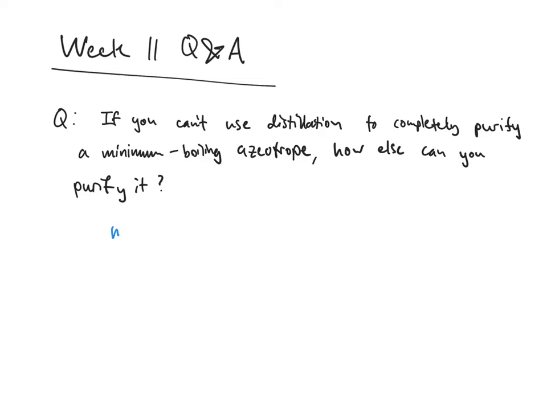If you have a mixture of water and ethanol, this is actually a minimum boiling azeotrope, and it is not possible to use distillation or a still to purify it more than 95% ethanol, interestingly. So no matter how many times you distill water mixed with ethanol, you cannot get it higher than 95%.